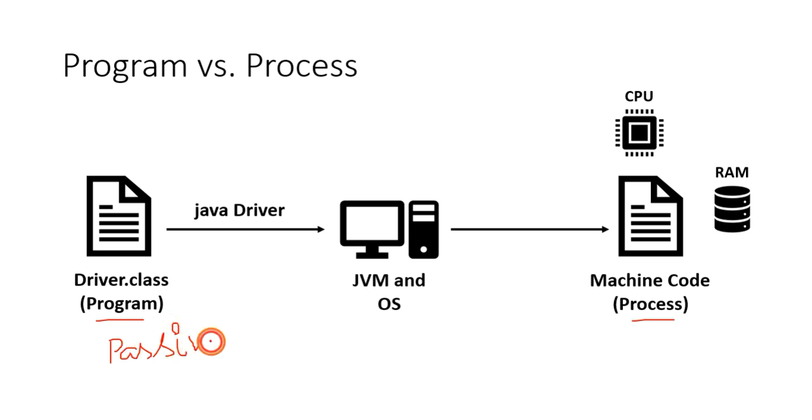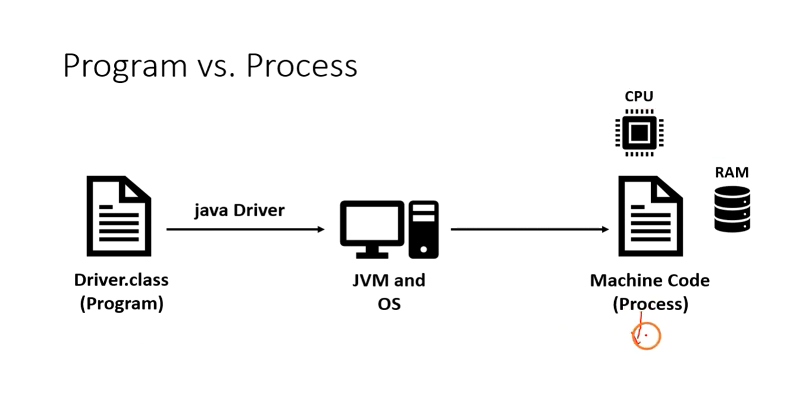It does not have any resources except the code. Whereas the process is active, so it is doing something. Also, another difference is that a process will have CPU and some main memory and registers, etc., some resources. So that is the difference between a program and a process.